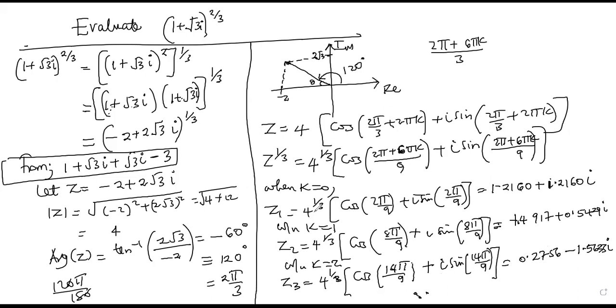Therefore, 1 plus root 3i to the power 2 out of 3 is equal to, you write everything, 1.2160 plus 1.2160i, comma, you write this, comma, you write that.